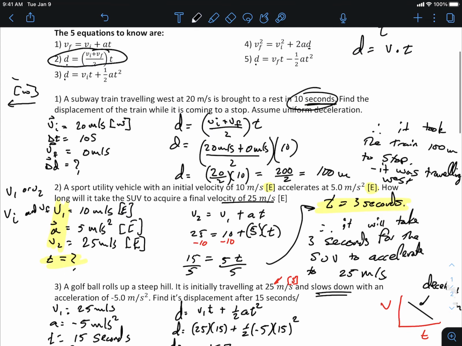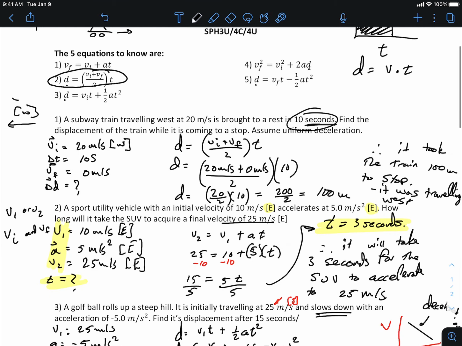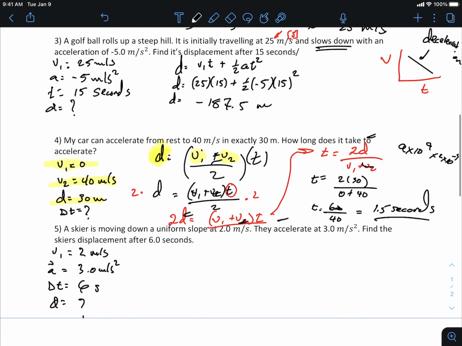Okay, let's pick an equation. This one kind of looks good. Well, d equals v1t plus half at squared.